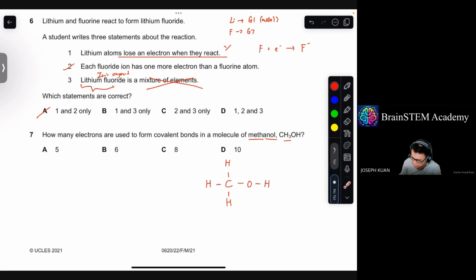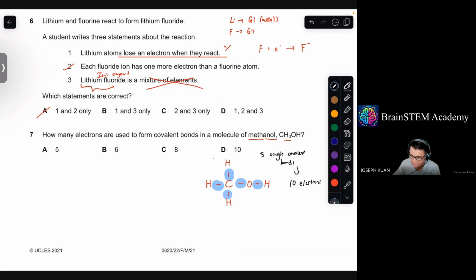It should have 4 lines. All right, let's see. How many covalent bonds are there? 1, 2, 3, 4, 5. There are 5 single covalent bonds here, which means that there are 10 electrons that are shared. So the answer for 7 is D.